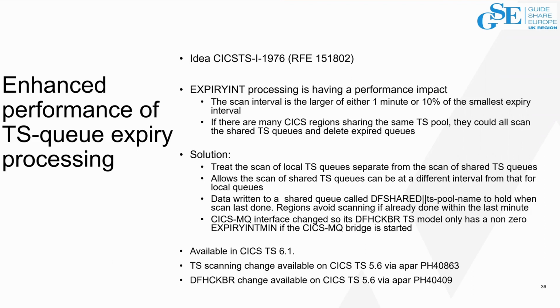So we corrected that so that we now change the expiry interval to be 0 until such time that you actually are using the bridge, and then we will make it non-zero. So for those customers who are not using the MQ bridge, they won't suffer that increase in TS scans.